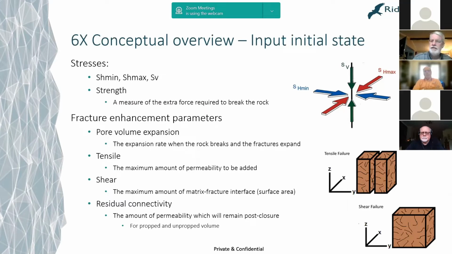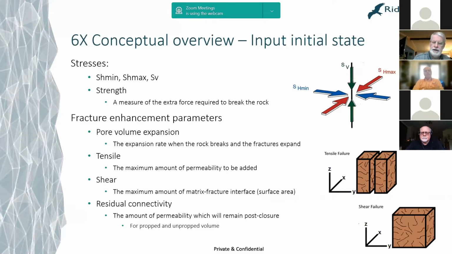And then the simulator will use that basic model plus the information that we give it about how the stages are treated, how much is injected, where along the well, and it'll use these enhancement parameters to work out how the fractures propagate through that geomodel.